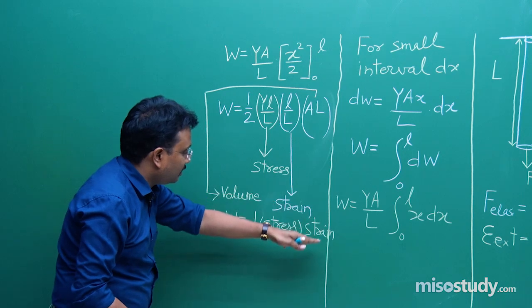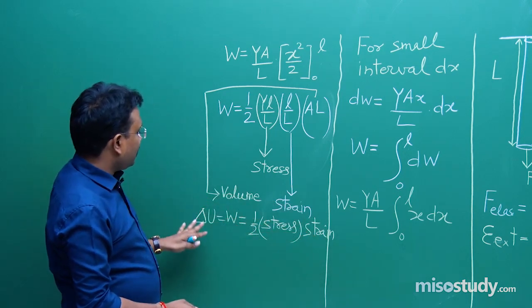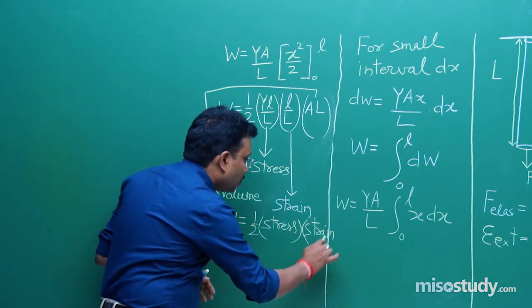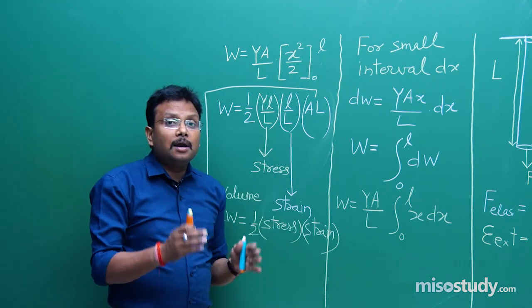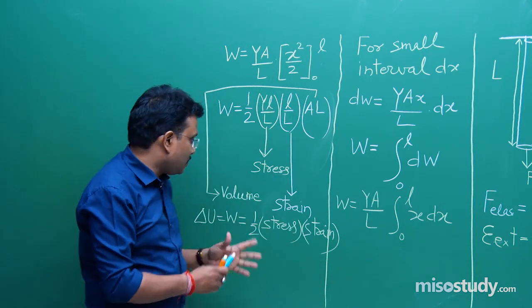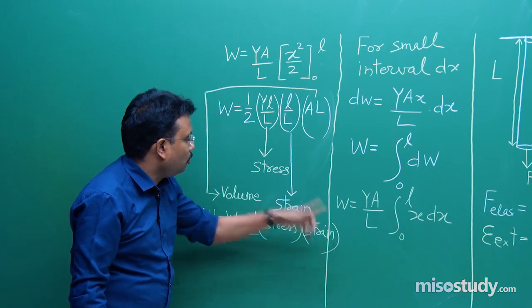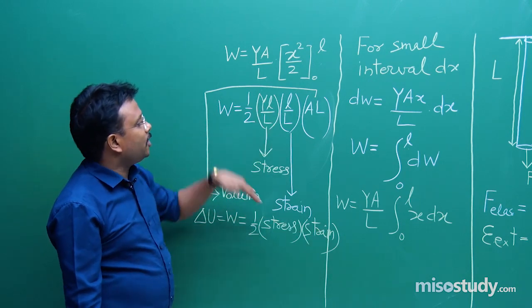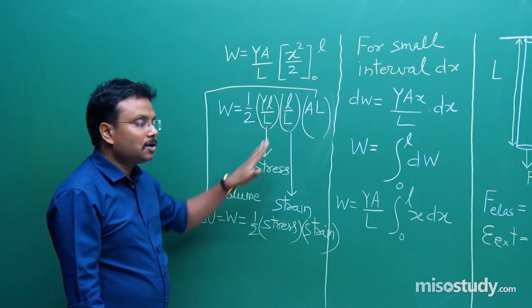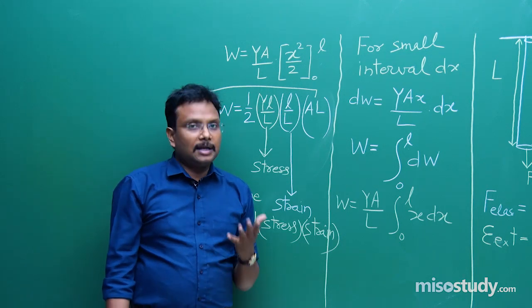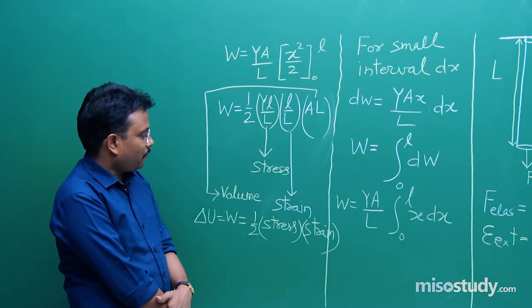That is why I am not writing this volume over here. So it is half stress into strain per unit volume. Otherwise you can put it as half stress into strain into volume, it is up to you. In numericals, if it is asked like this, you can easily understand and use this relation, fine.